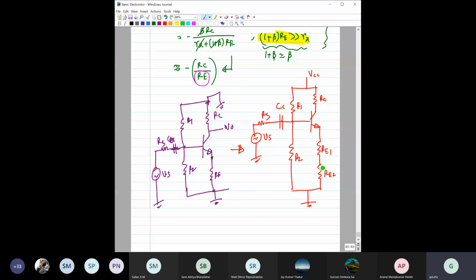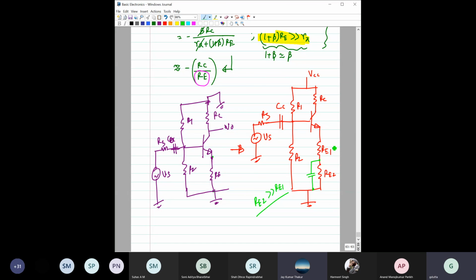Here we will add one capacitor, but we will add it only across this RE2, so that during AC analysis this RE2 part is grounded. So only the effect of RE1 would be considered, and RE2 is higher than RE1. That way this part will provide even AC stability, but for DC stability both RE1 and RE2 will provide it.